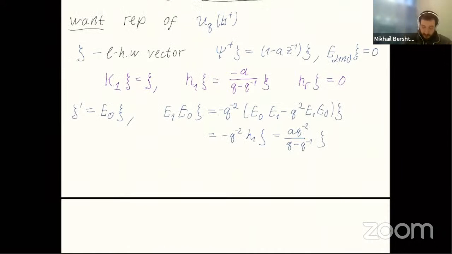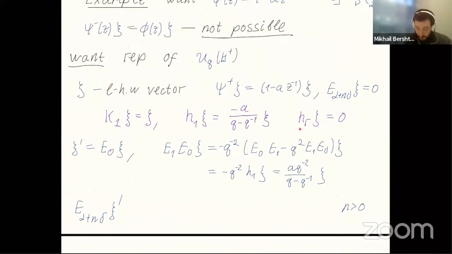But if I act by any other element of this sort, so for example E alpha plus N delta on psi prime for N greater than 0, then arguing like this, I obtain the action of Hn for Hn plus 1, which is 0, as we had here.